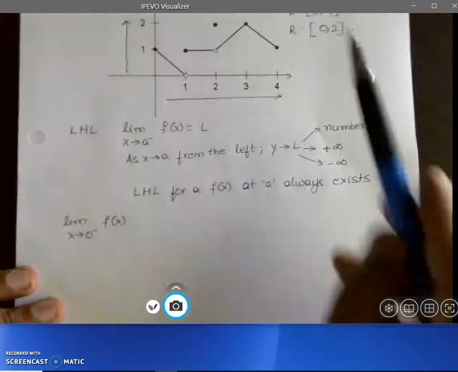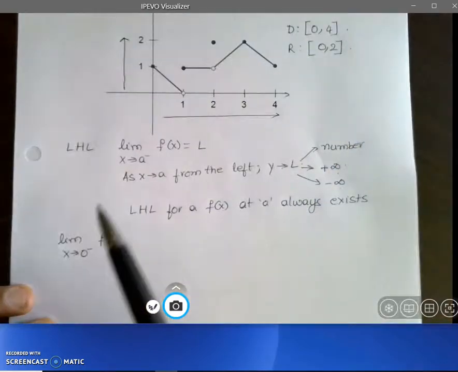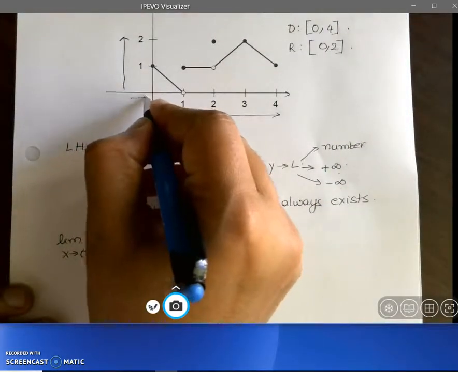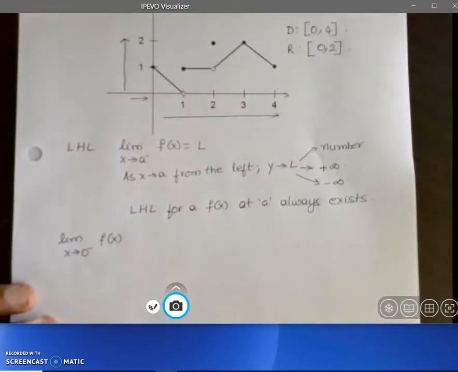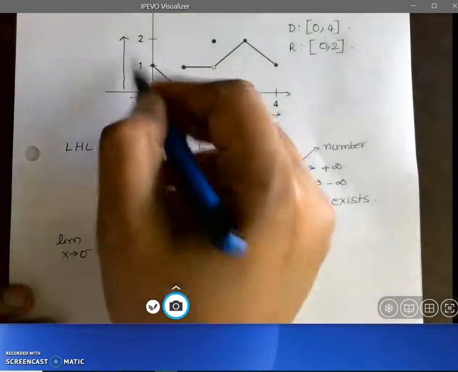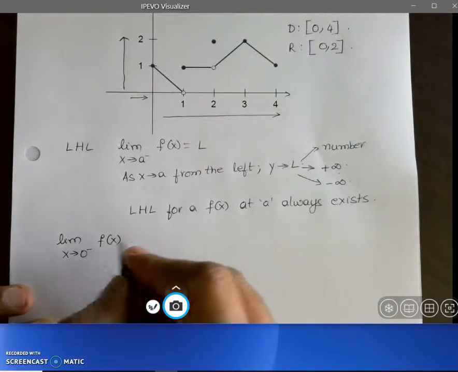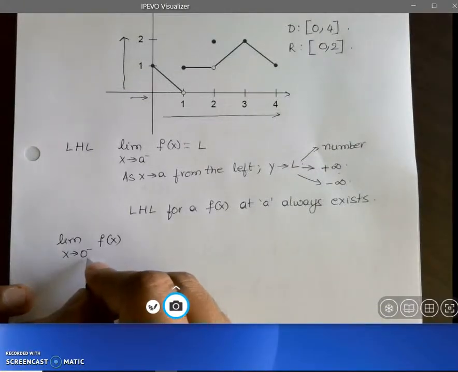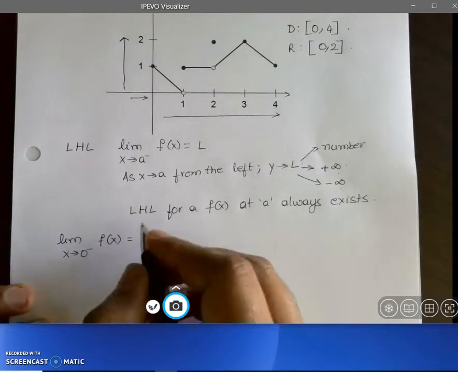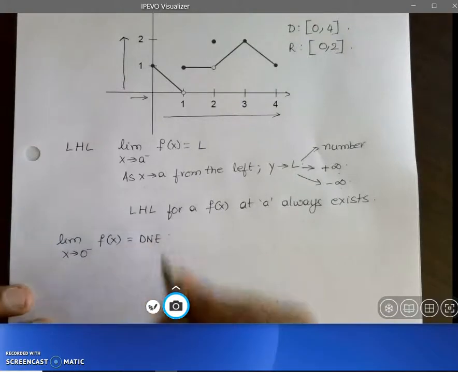You see that the domain of this function is from 0 to 4. So we cannot approach this function from the left. We cannot approach 0 from the left because there is no graph. We cannot find the left-hand limit of the function as x approaches 0 from the left. So this is not defined or does not exist.